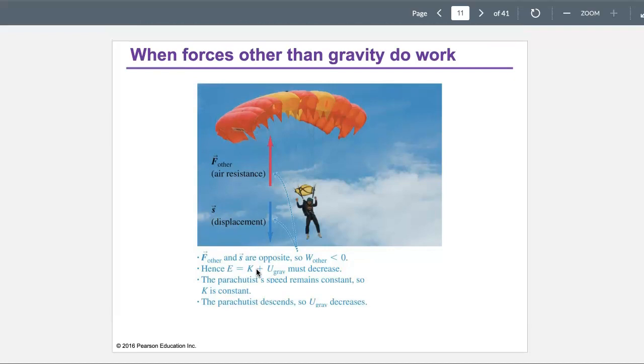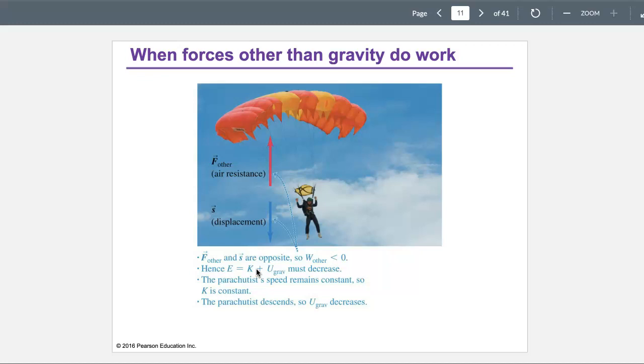Now, sometimes we have other forces other than gravity acting on the object, for example air resistance or friction. We are going to talk about these forces later. We call them non-conservative, or we can call that W other, and that is going to be less than 0.